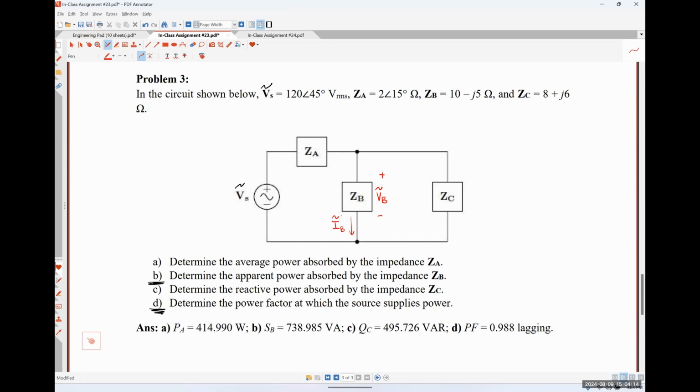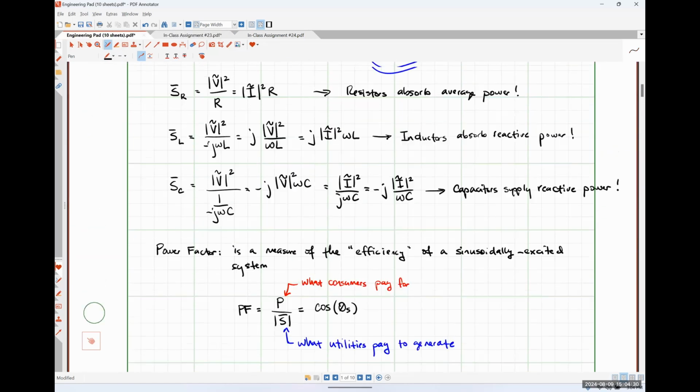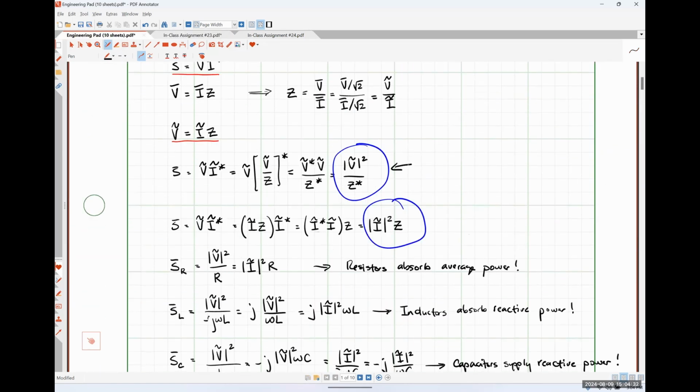We only need to know one or the other. Technically, we could use both, but if we want to answer this question in the most efficient way possible, we're going to wind up using one of these two alternative relationships that I circled here because it only requires us to know either the voltage or the current when we know the impedance.